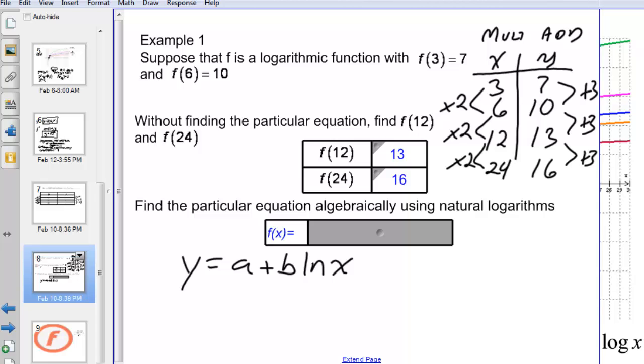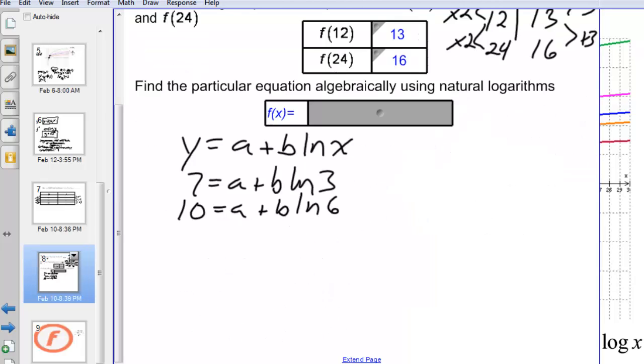So y is going to be 7 when x is 3, and then y is going to be 10 when x is 6.